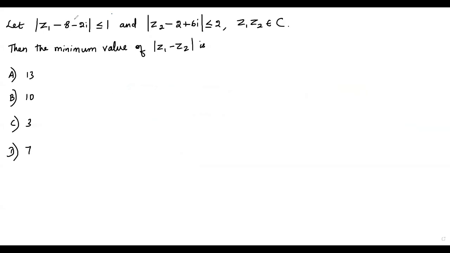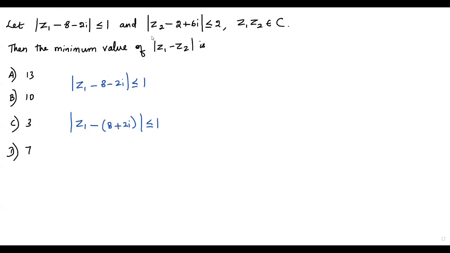Now let me consider |Z1 − 8 − 2i| ≤ 1. Let me factor the negative sign out of these two terms. When I factor it out, I get |Z1 − (8 + 2i)| ≤ 1. Now let's understand this. We already know Z1 is a complex number, and 8 + 2i is a complex number.